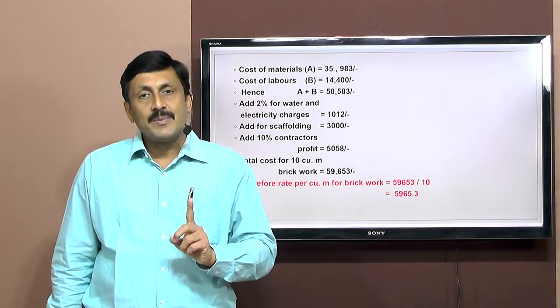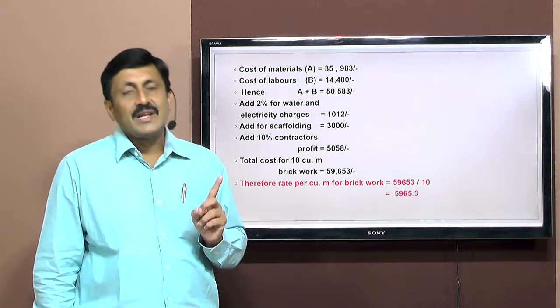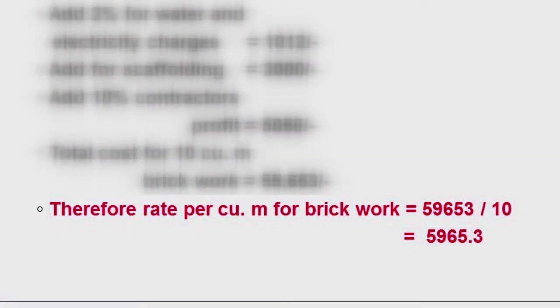So for 1 cubic meter you have to divide this 59,653 by 10, that comes to 5965.3. You can round it to the higher side, that is 5965, or 5966 also.